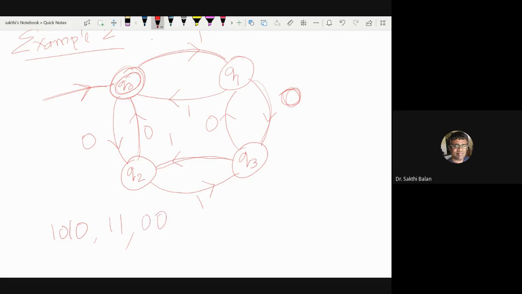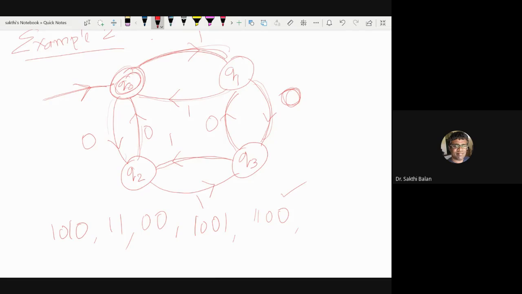Likewise 0 0. And 1 0 0 1. So 1 0 0 1 is also accepted. And then 1 1 0 0. So 1 1 0 0 is also accepted.